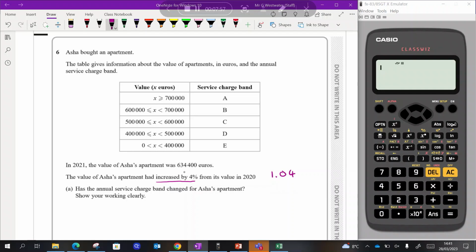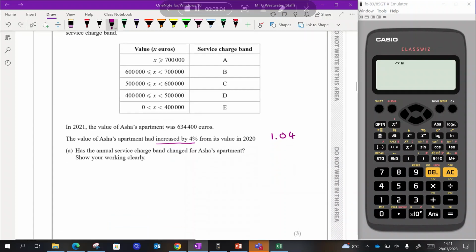What this question is asking is, has the annual service charge band for Asher's apartment changed? So I know it's going to be less in 2020, but I am still going to be using this 1.04. I'm not going to be using 0.96, as lots of people are tempted to do.